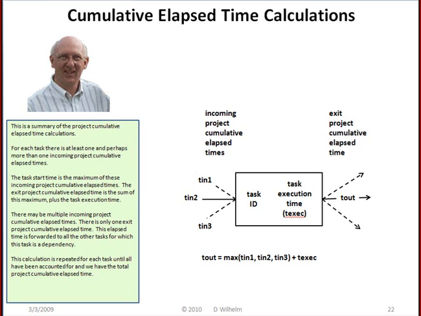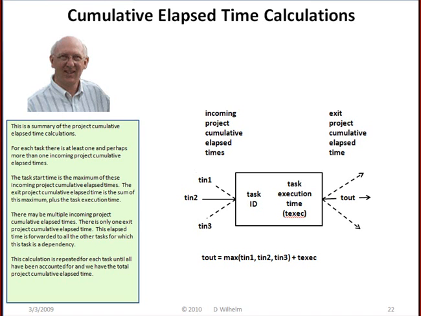The exit project cumulative elapsed time is the sum of this maximum plus the task execution time. There may be multiple incoming project cumulative elapsed times. There is only one exit project cumulative elapsed time. This elapsed time is forwarded to all the other tasks for which this task is a dependency.